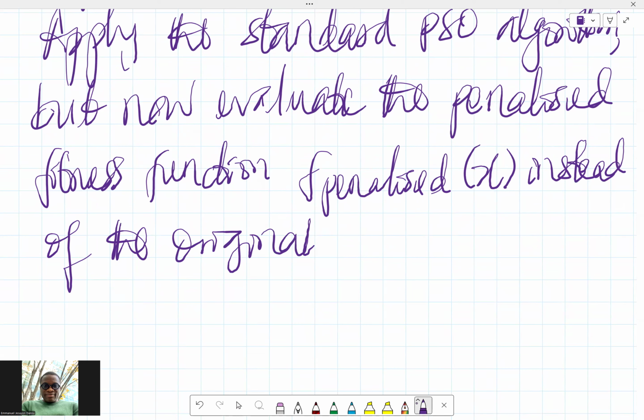So you use the penalty function to make everything into just one function instead of the original objective function.